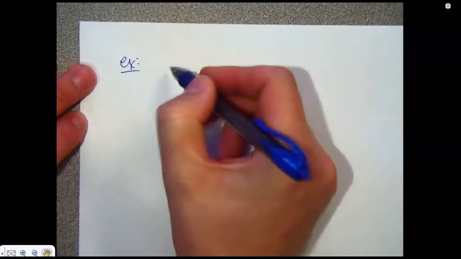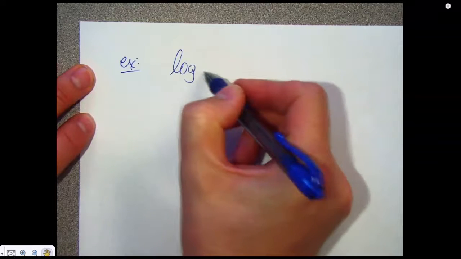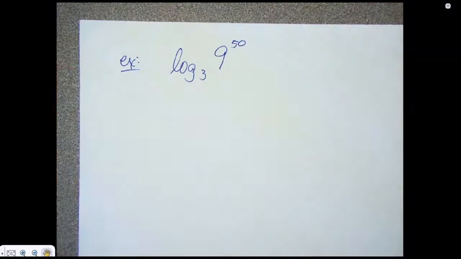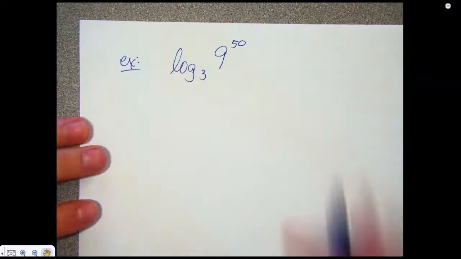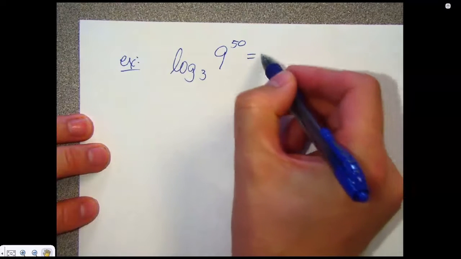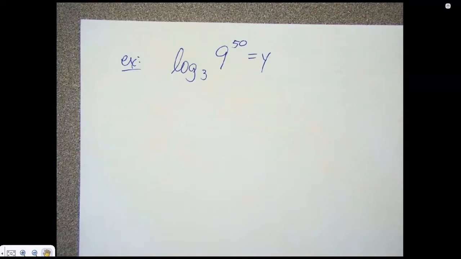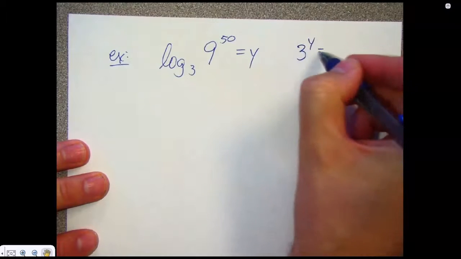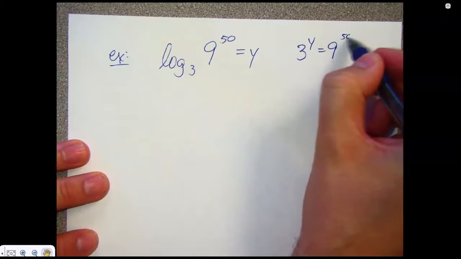All right. Another fancy rule that you can use. Let's say log base 3 of 9 to the 50th power. So I'm going to work through it the long process way, and then I'll show you the shortcut, which is a lot less annoying. This would turn into 3 to the y equals 9 to the 50th.